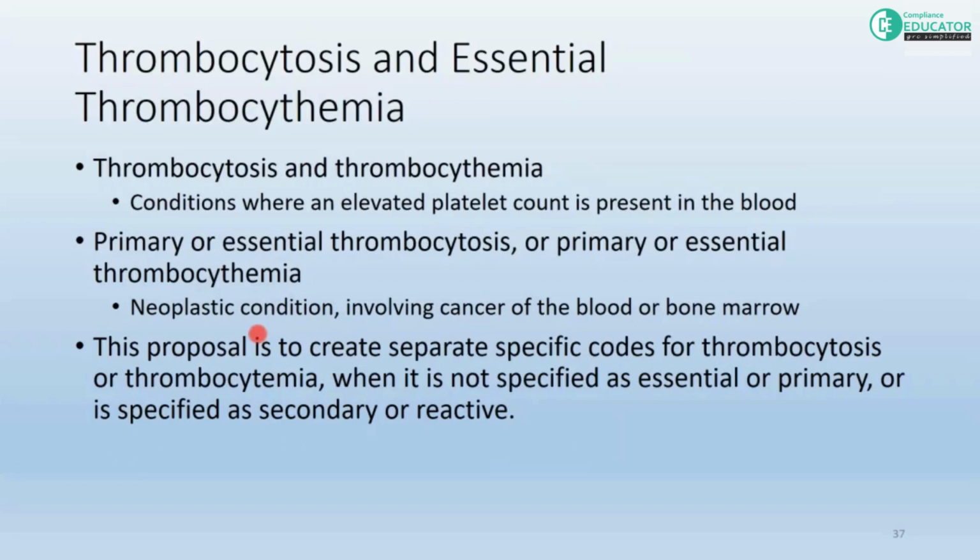Boy, as I said, pronunciation is a challenge for me this year. Okay, thrombocytosis and thrombocytopenia. These are conditions where we have an elevated platelet count. We know that these are frequently coded, so this is one that you want to put a star on, because you're going to have to talk to your provider and say, okay, we're going to have some specific codes for some conditions that you're used to coding all together.